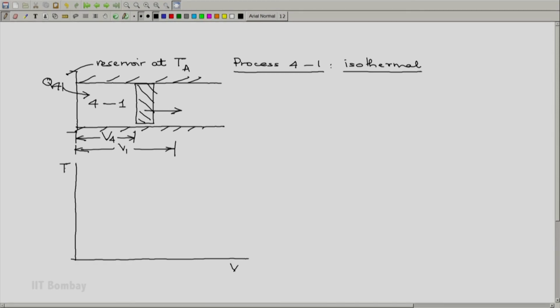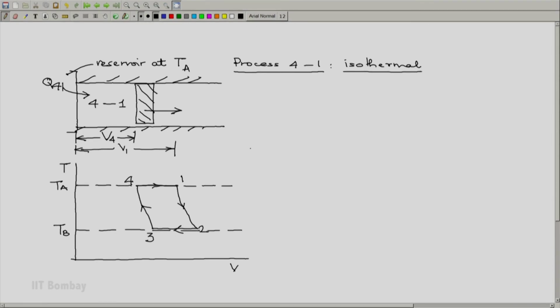When we come to the TV diagram, these are the two isotherms at TA and TB respectively. We have executed 3 processes, 1 to 2 adiabatic, 2 to 3 isothermal, 3 to 4 adiabatic. Now we are executing the final process 4 to 1, which is an isothermal process.